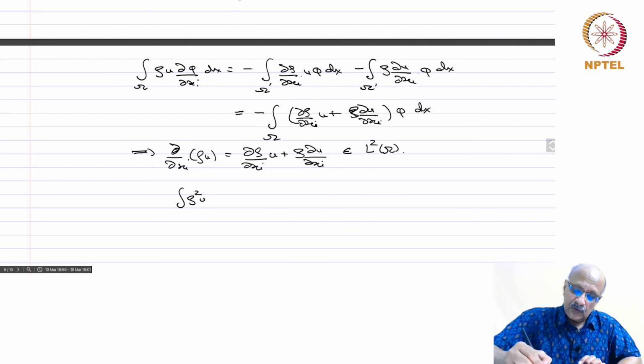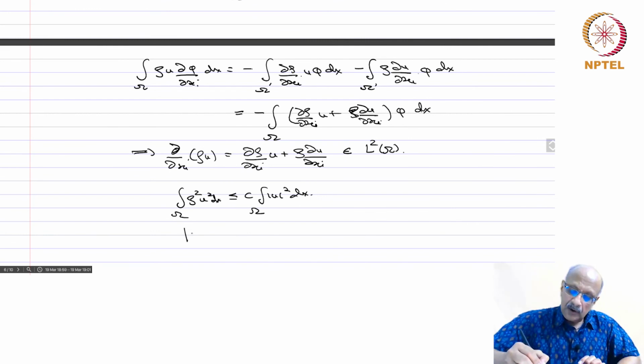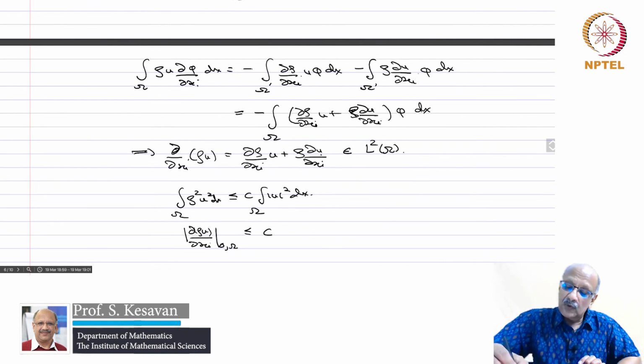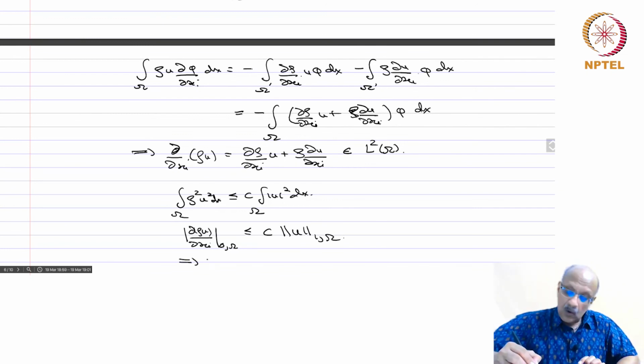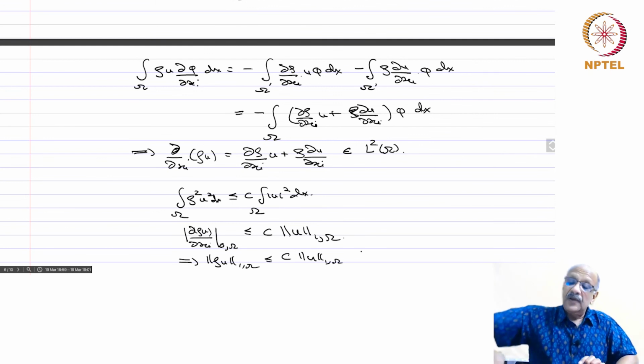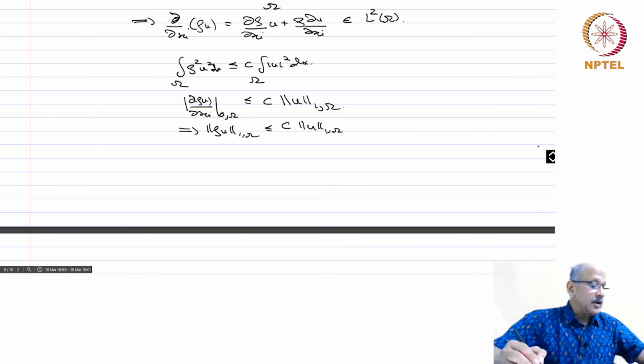And then the integral of rho squared u squared is less than or equal to C times the integral of mod u squared dx on omega, and mod d rho by dxi, again in the L2 norm, is bounded by C times the bounds of d rho by dxi and rho, etc. Then you have the L2 norm of u and the L2 norm of du by dxi, by the triangle inequality, and that gives you less than the norm of u in H1 of omega. So the norm of rho u in H1 of omega is less than C times the norm of u in H1 of omega, and therefore it defines a continuous linear operator of H1 of omega into itself.